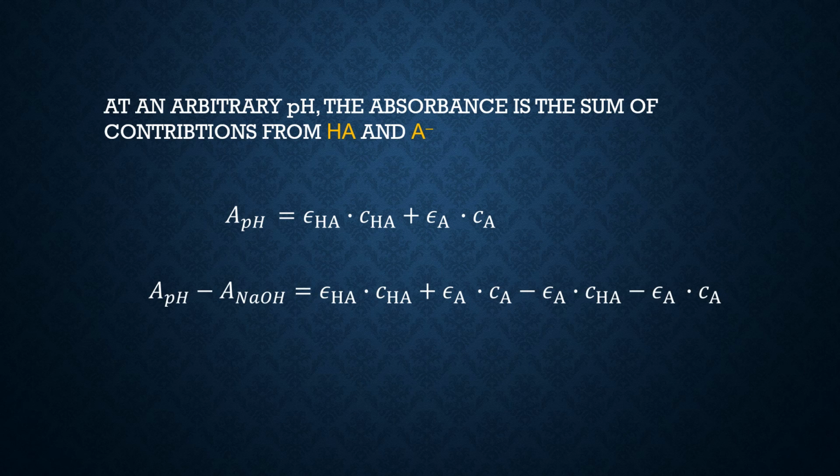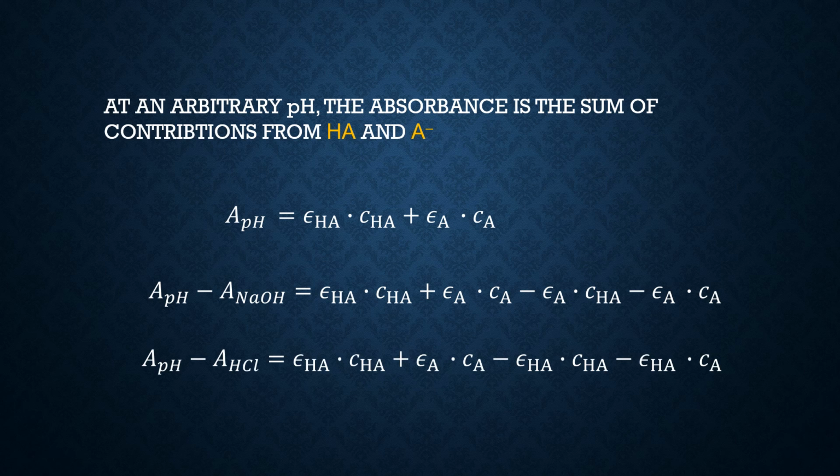If I now subtract the absorbance of the NaOH and expand it, I get the equation indicated, and I can start canceling terms. Similarly, if I do the subtraction using the HCl data, I get the following expanded equation, and I realize that I can first of all cancel terms and then group them according to concentration.